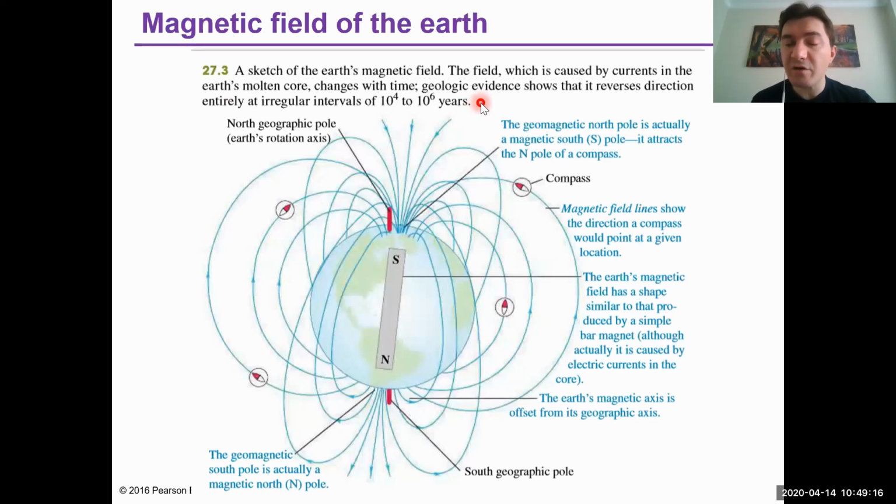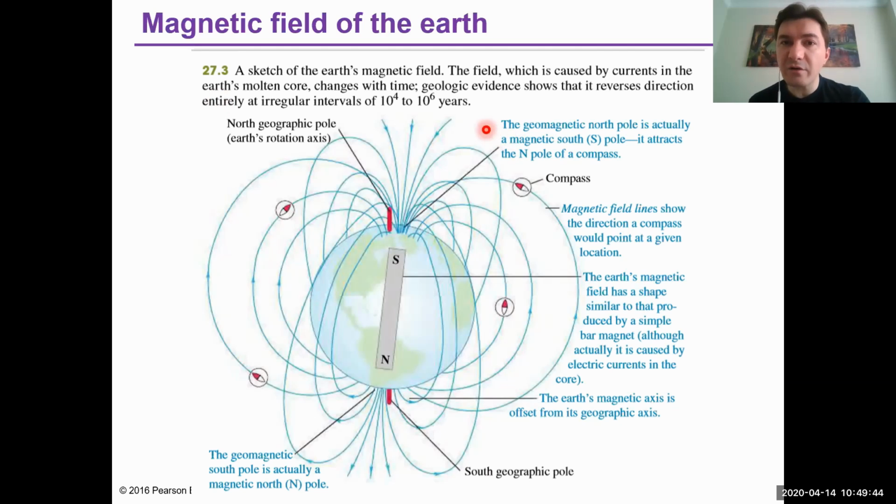So what is the meaning of that? The magnetic poles of the Earth change and completely reverse at irregular intervals. For example, after 10,000 years, the compass will show that part of the Earth, okay? So this is also very important information.